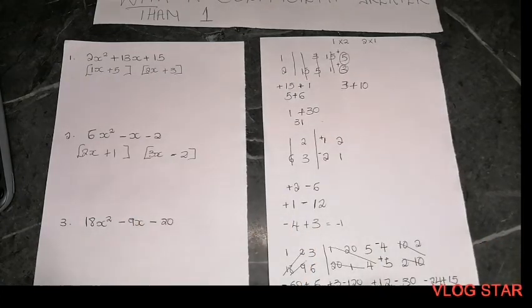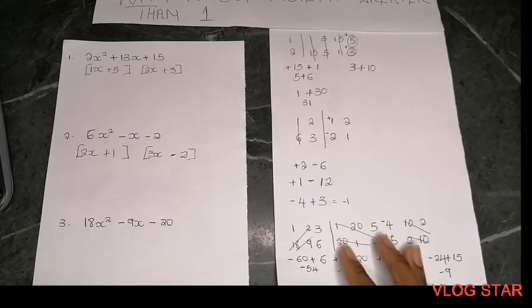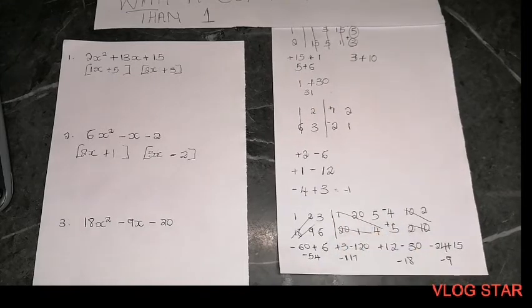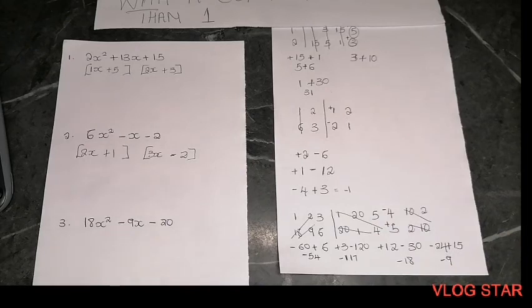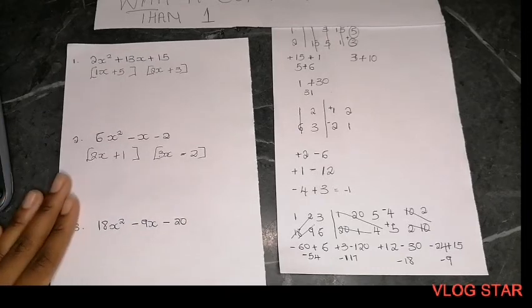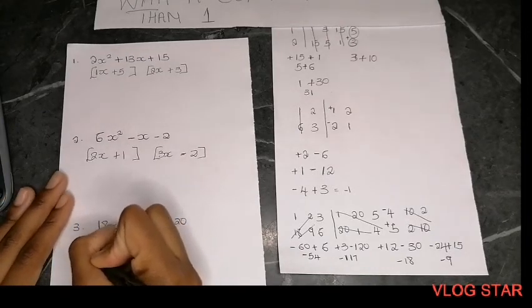I really hope you understand how I place the signs, or how I identify which number is positive or which number is negative. So right now we're moving on to our answer sheet.